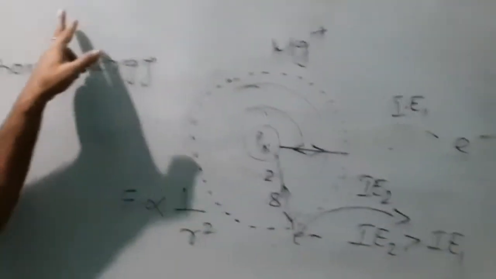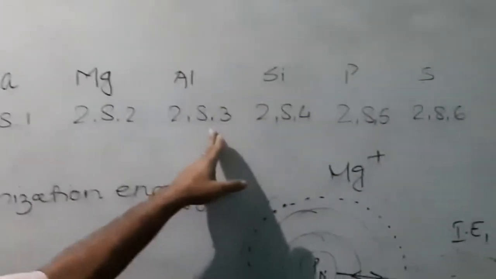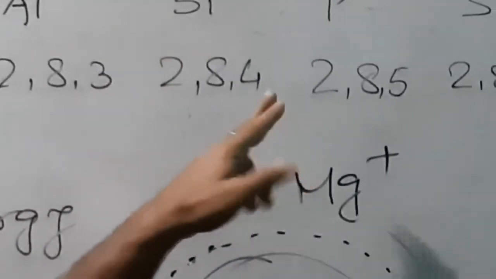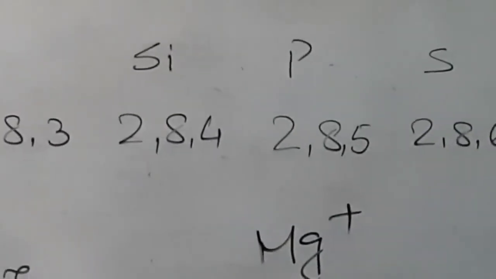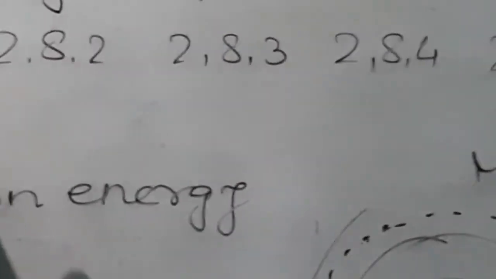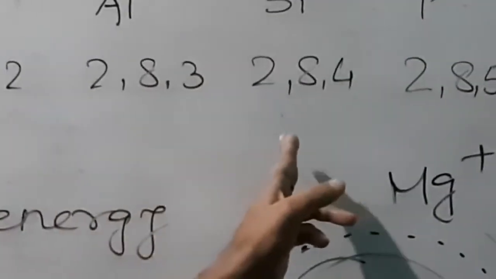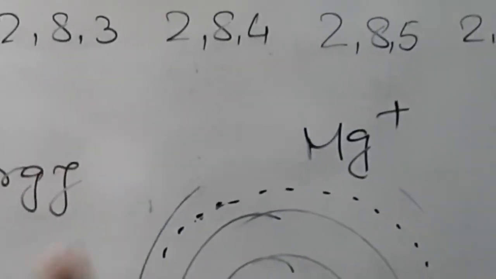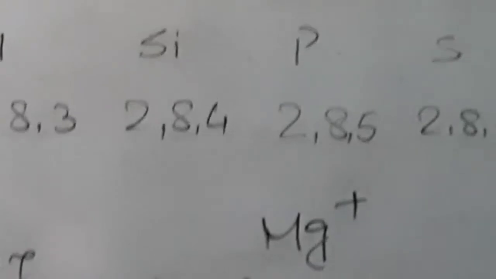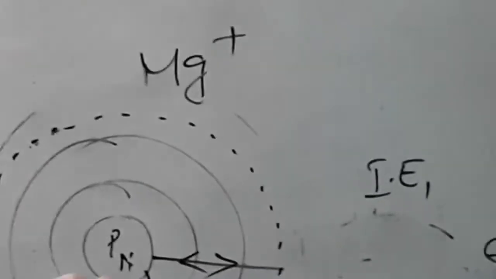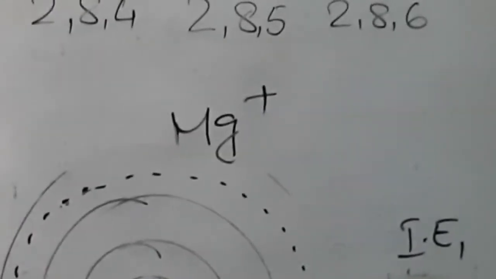So what I am trying to make you understand here: if you talk about aluminum, there are 3 electrons, silicon 4 electrons, the amount of energy will increase. So the ionization enthalpy value increases while moving from left to right across the period.